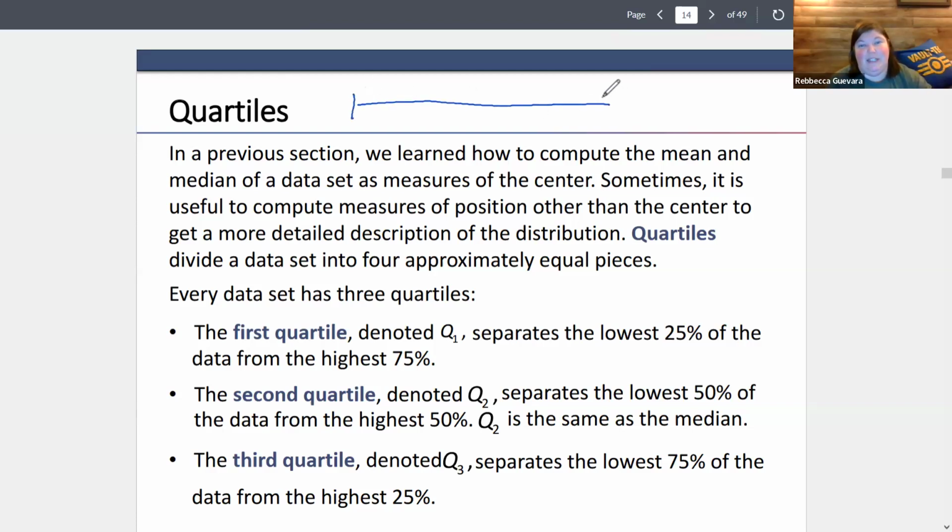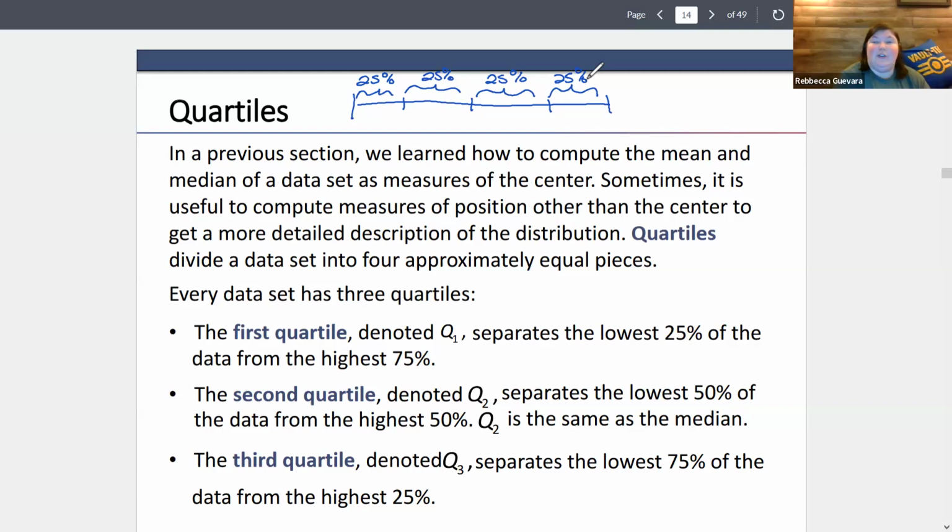If this was my data set here, we're going to split it up like this. Each one of these areas is going to be 1/4 of my data, or 25% of it, or as close as we can to 25%, as you're going to see in one of our examples. Not exactly, just because we don't have data that easily split by 4.